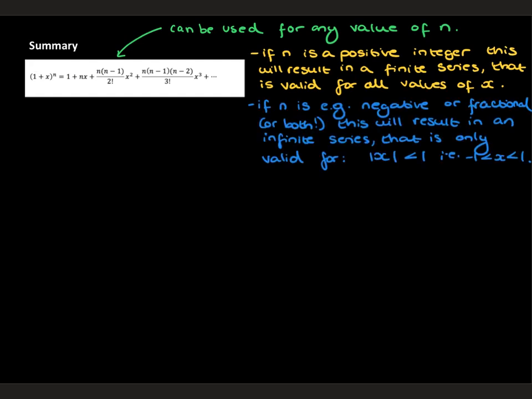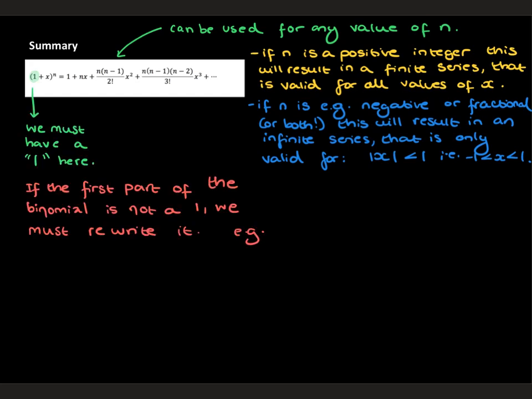Now, in every example of the expansion, if we're going to use this formula, the first part of the expansion has got to be a 1. If it isn't a 1, we have to rewrite the binomial to ensure that we have a 1 here. So for example, let's imagine we were trying to expand (a plus bx) to the power of n, where a is not equal to 1.